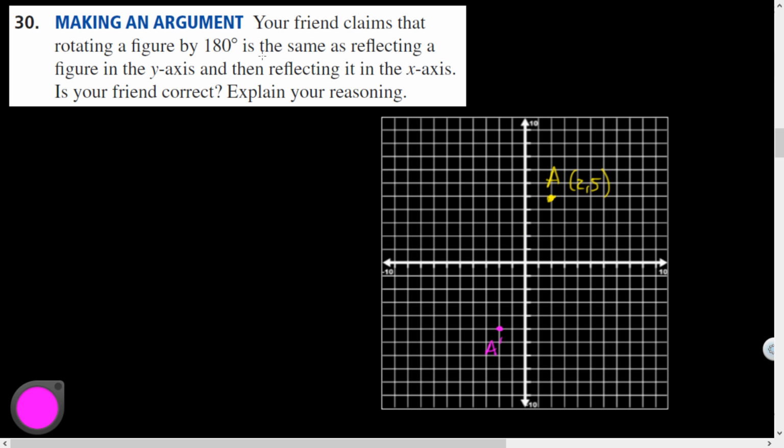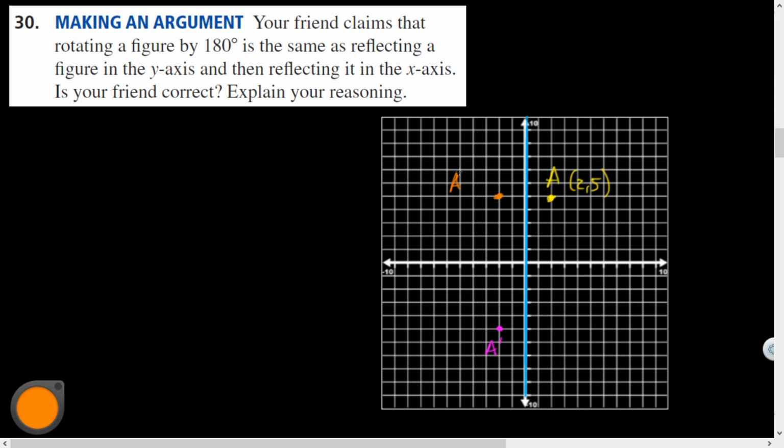Now let's see if the same thing would happen if we reflected. Reflection over the y-axis first, they claimed. So I'm going to reflect over the y-axis. So equidistant is 2 and 2 and perpendicular from. So it would be at this point here.